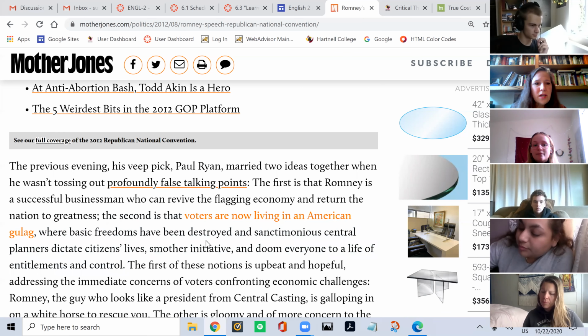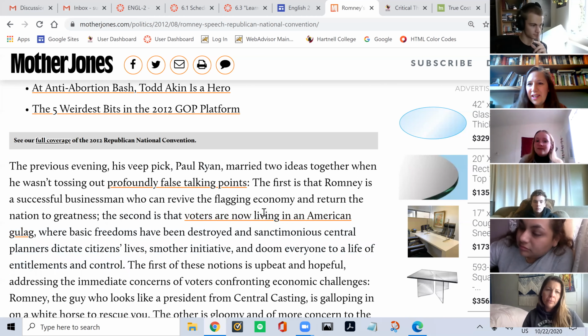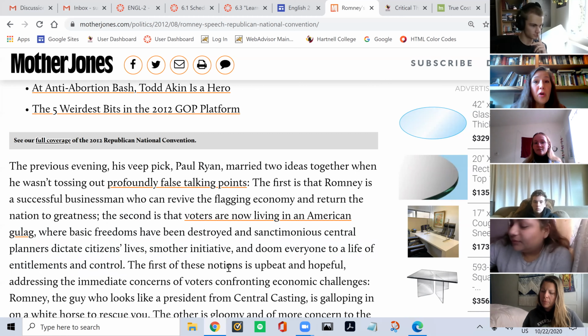What's a gulag, you guys? Do you know? A Russian prison? Yeah, it's a Russian prison. So what Corn is saying Ryan said to Ryan's audience at the Republican National Convention is that Barack Obama is a communist, and he's going to make us all live in a gulag.